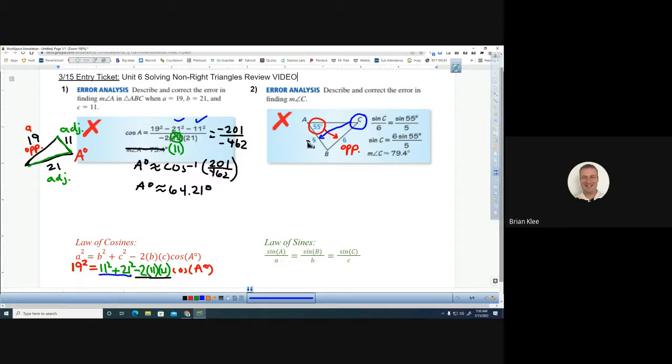Right there is our mistake. The 5 should go with angle C, and the side length of 6 should go with the angle that measures 55 degrees, angle A. So in our calculation, the 5 and the 6 got to switch spots.